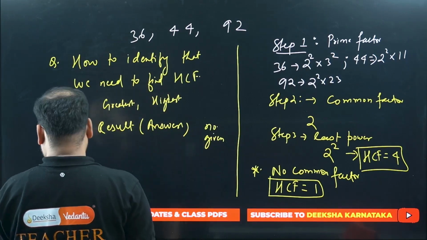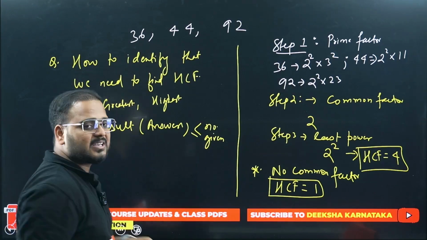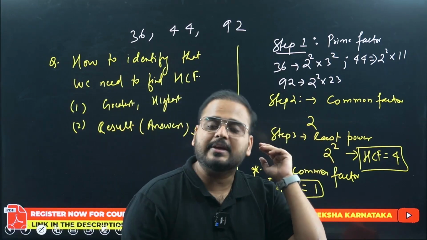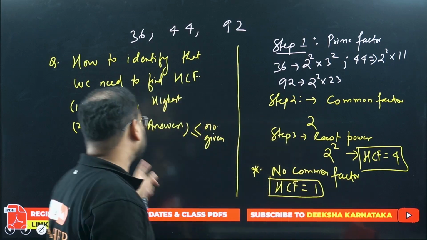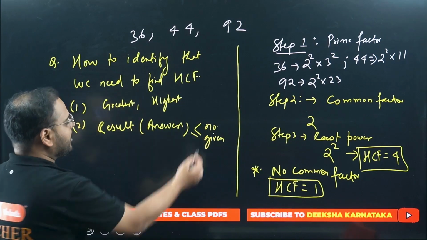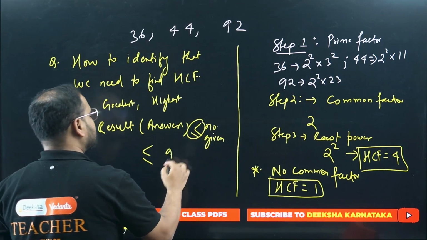If it is lesser than the numbers given, it is HCF. Basically HCF of two numbers will either be equal to the numbers or less than the numbers. This is very important: HCF is less than or equal to the given numbers.